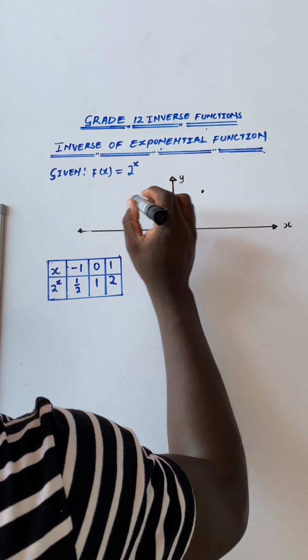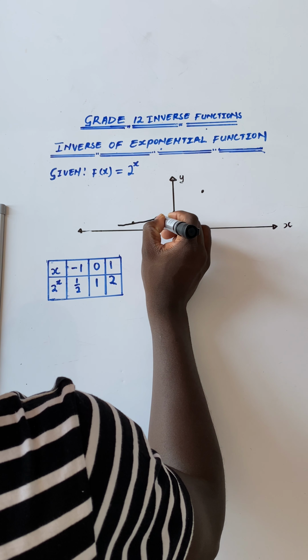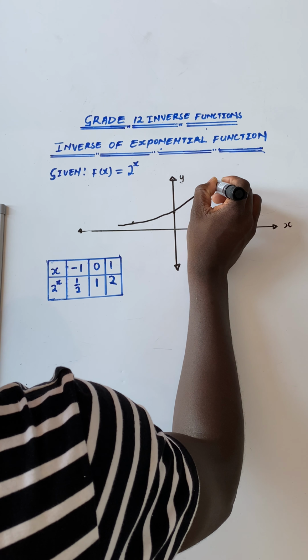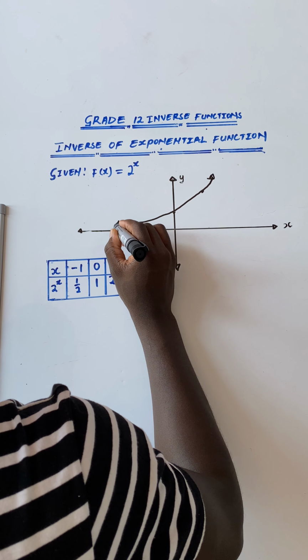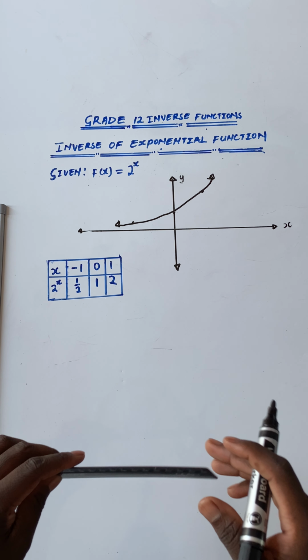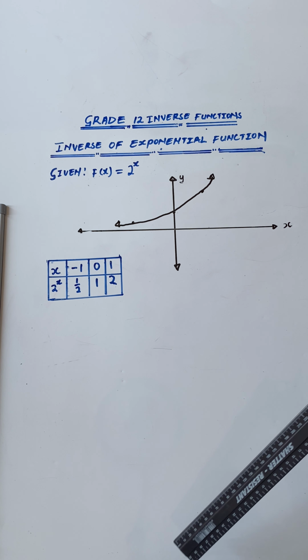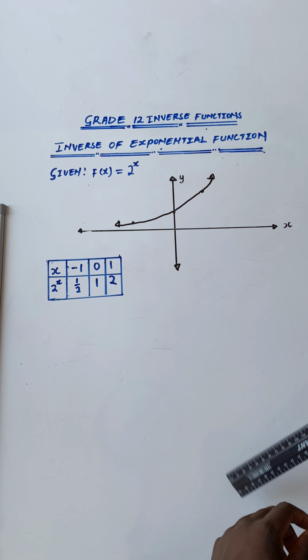So you can see that this graph takes this shape, so that is the shape of the exponential function. As we know, the exponential function is a reflection of the inverse, or the inverse is a reflection of the original exponential function.